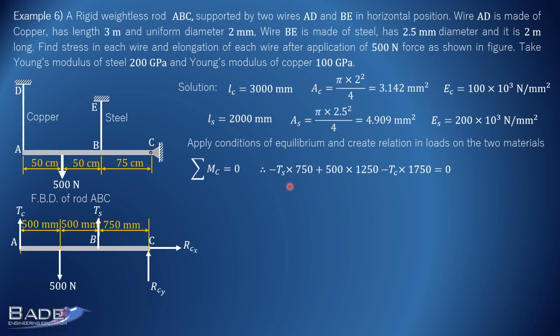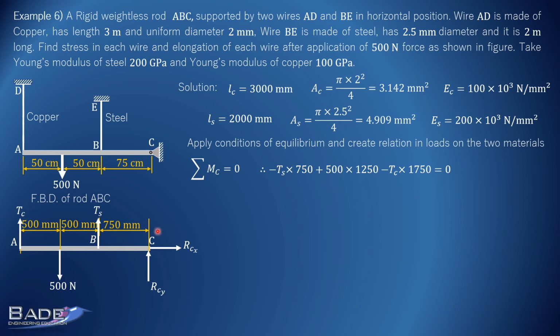So TS into 750, vertical force into its horizontal distance. Moment is clockwise. Then 500 into 500 plus 750, distance from moment center C is 750 plus 500. So 500 into 1250 and it is anti-clockwise moment, that is why positive.